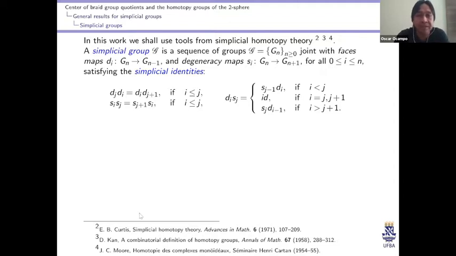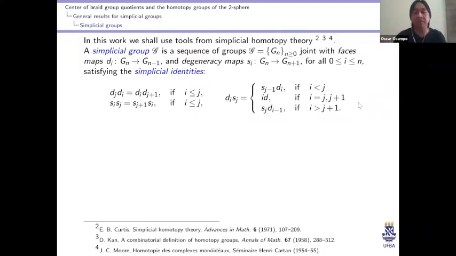So the first definition is a simplicial group. It's a sequence of groups together with face maps, the decreasing ones, and degeneracy maps, the increasing ones, satisfying some so-called simplicial identities. So we have here the identities just for face maps, just for degeneracy maps, and also the mixed ones.